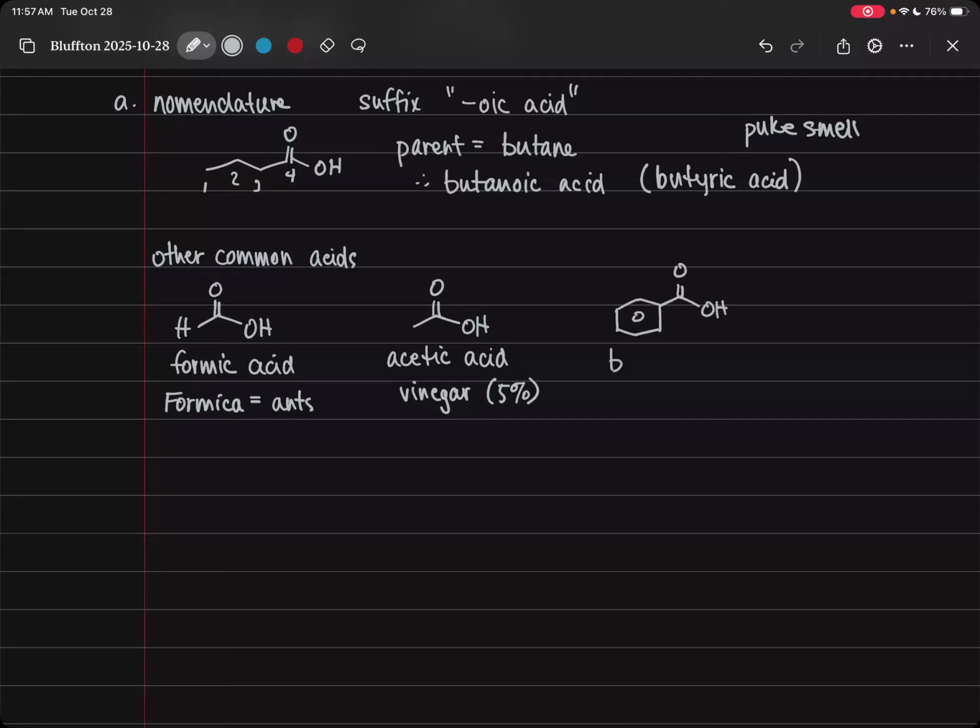And then this one, benzoic acid. Yay, sodium benzoate preservative. Okay, so the sodium salt of benzoic acid is a really common food preservative.